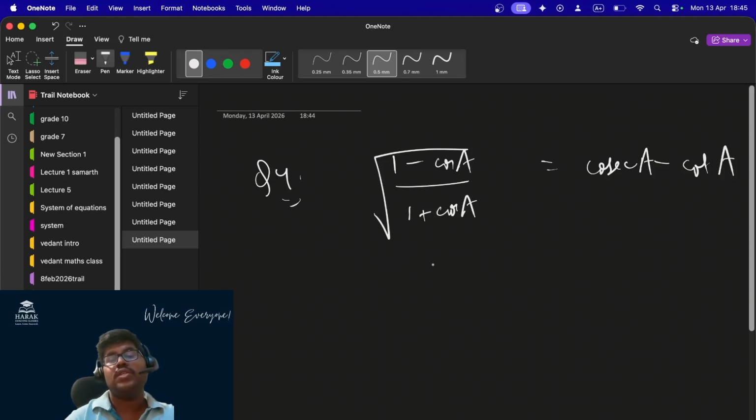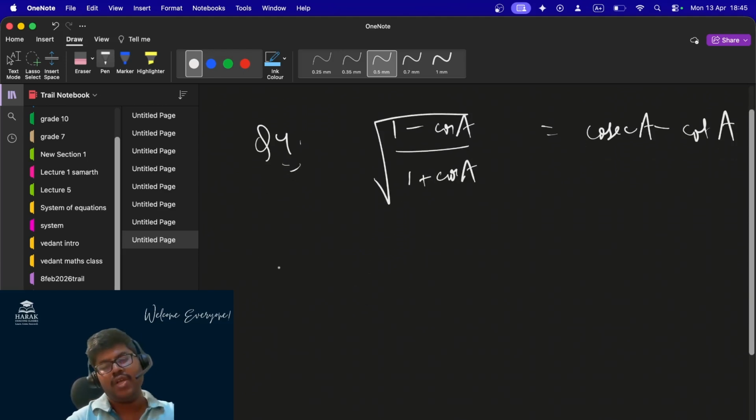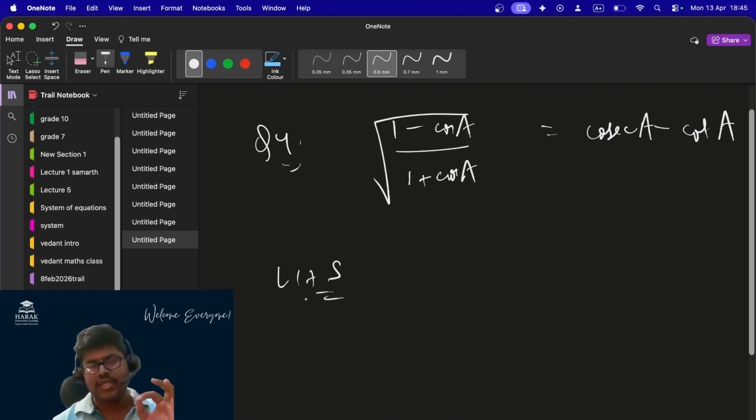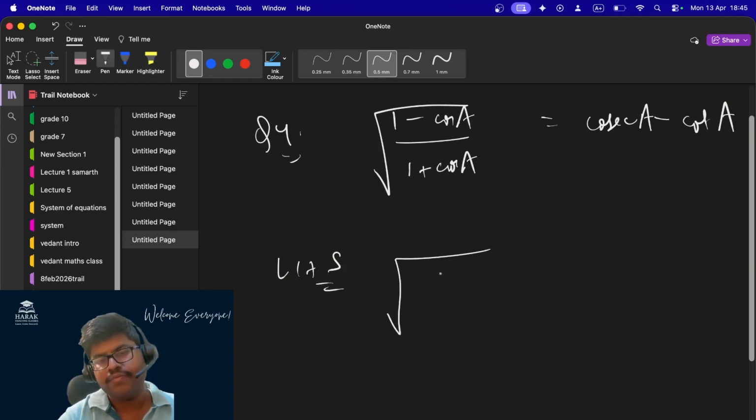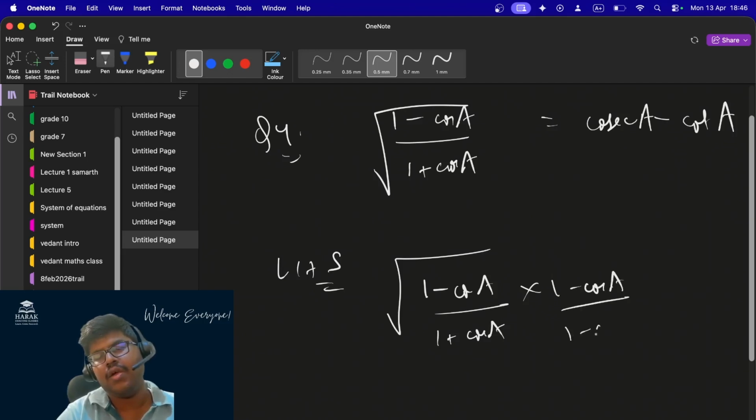So what is the idea? We start with the LHS. And we know that if we are starting with the LHS, and the thing is inside the radical sign or the root sign, then it will always be converted to a radical free denominator. That means I need to multiply the denominator and numerator by 1 minus cos A, right?